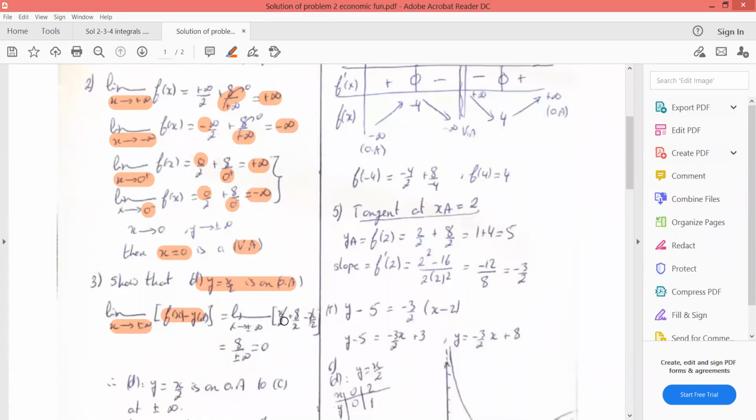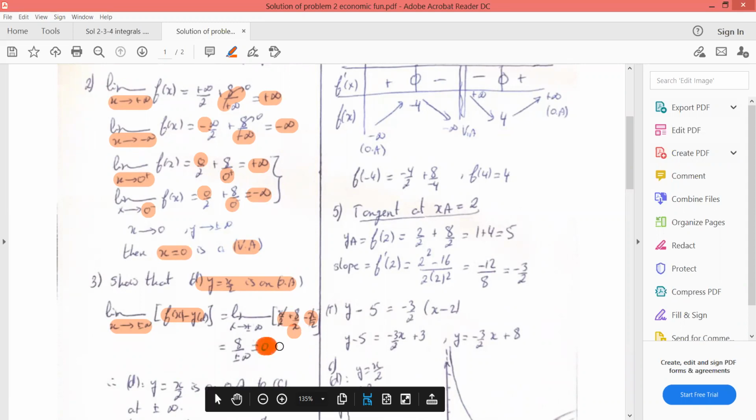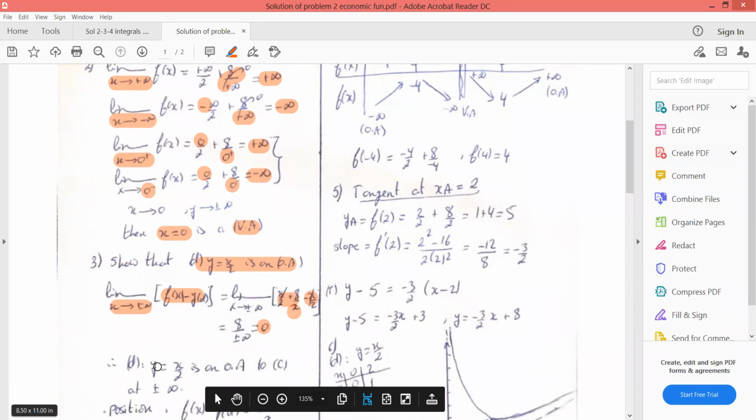So f(x) here is x over 2 plus 8 over x, minus y_d which is x over 2. x over 2 minus x over 2 cancels. Then we replace x by infinity. 8 over plus or minus infinity equals 0. Therefore the line d, y equals x over 2, is an oblique asymptote to C.